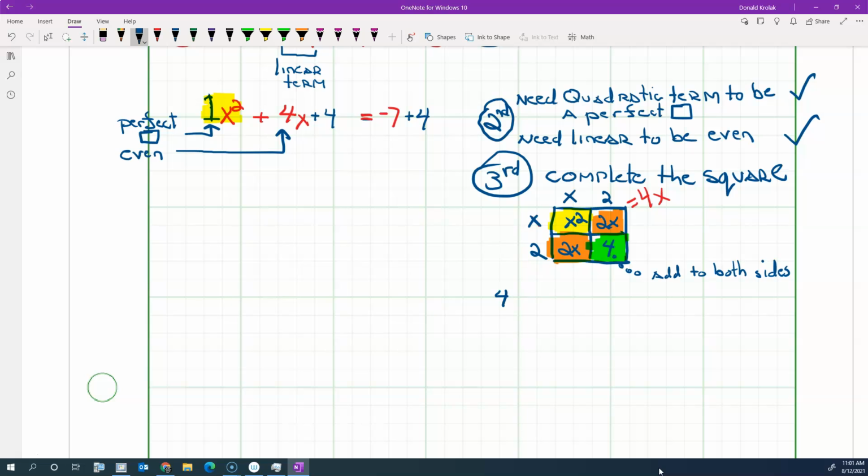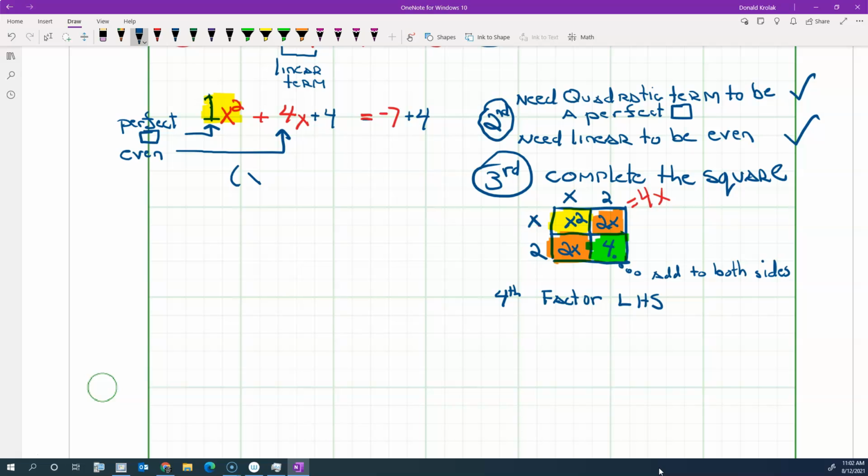All right, now you're going to factor and solve. So when I write LHS, left hand side, the numbers outside your box are what it factors into, so that's easy.